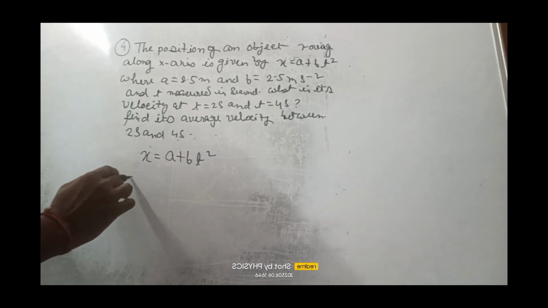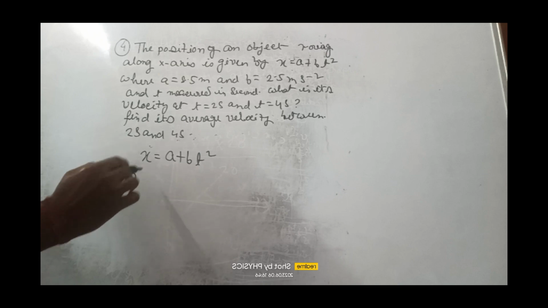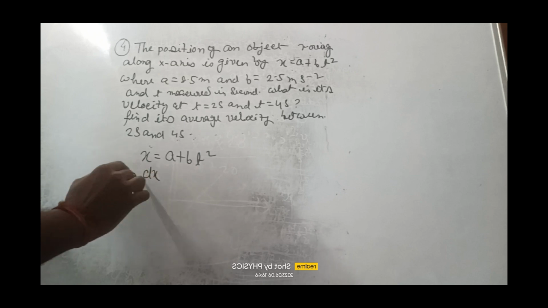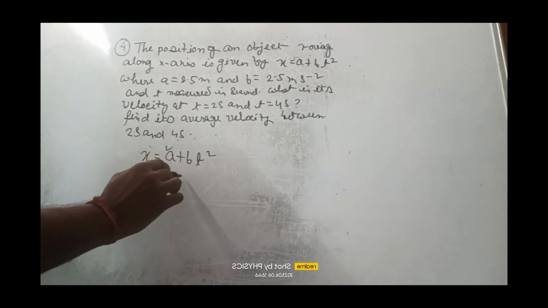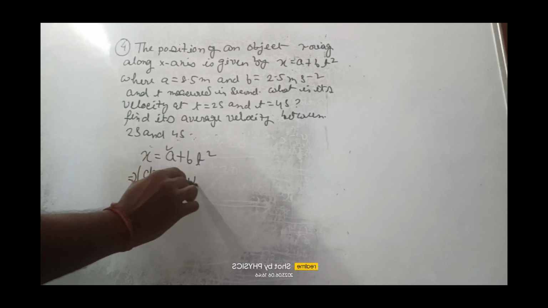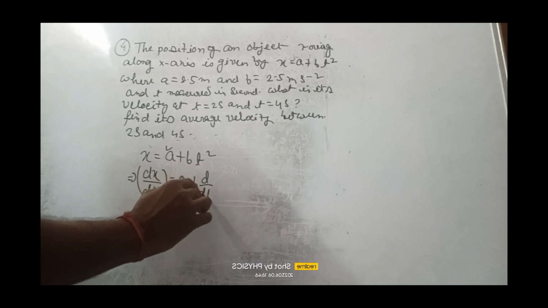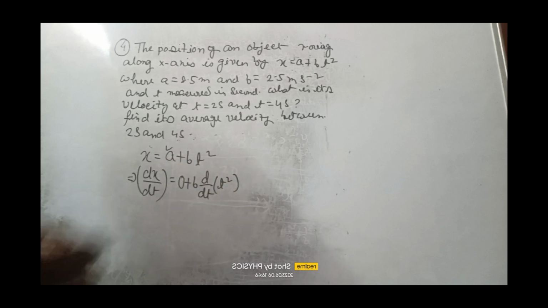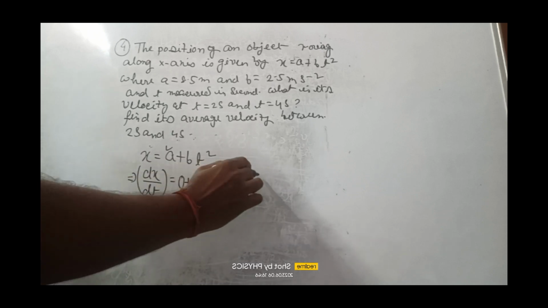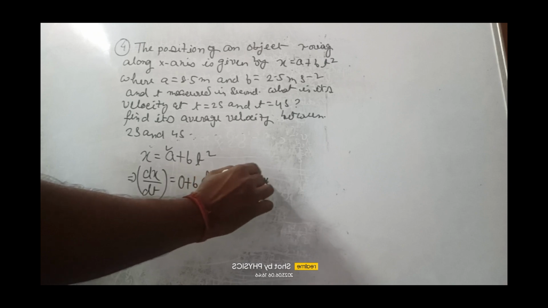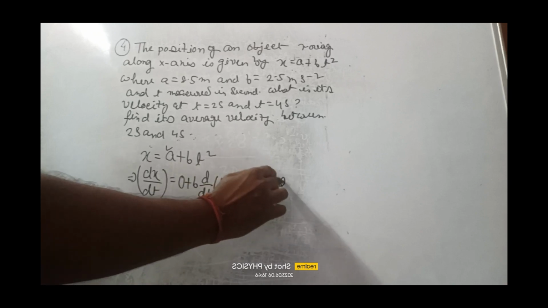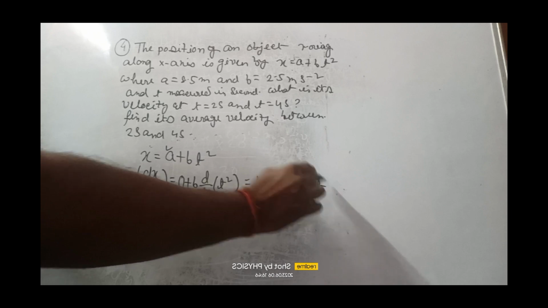Now differentiating both sides with respect to t, dx by dt is equal to a is constant, so it is 0, plus b d dt of t square, that is b into 2t, that is 2bt.